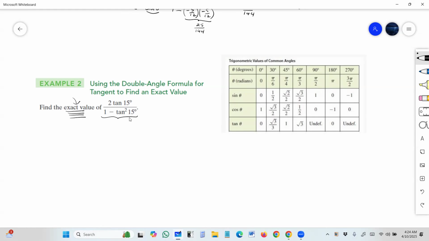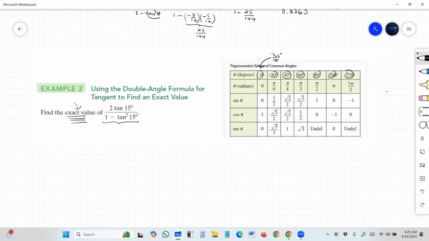So this is a complicated expression. 2 tangent 15 degrees over 1 minus tangent square of 15 degrees. Now, the angles that we have to know are here: 0, 30, 45, 60, 90, 180, and 270. Okay? Obviously, the 360 is the 0.